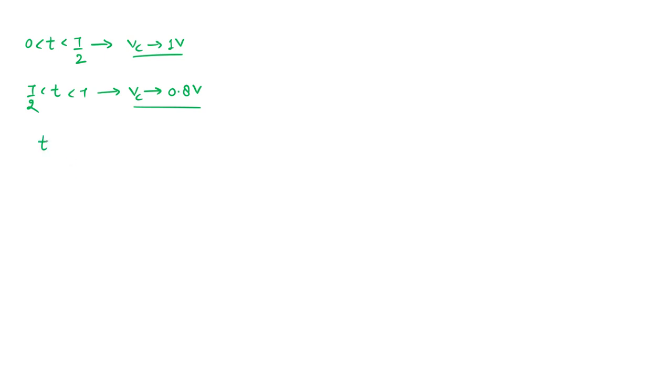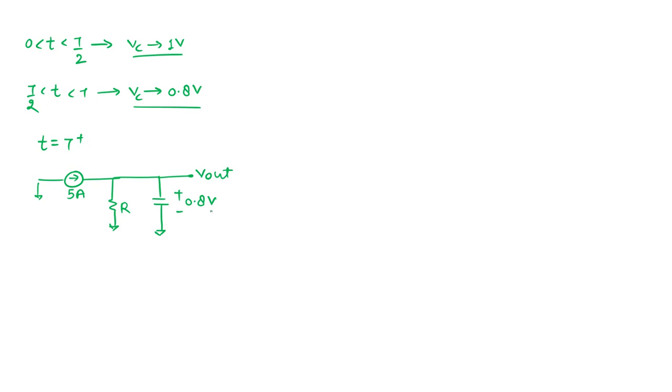So what is happening at t equal to T positive? The circuit again has the current source applied, which is 5 ampere. This is my resistor R, and this is the capacitor, which already has 0.8 volt across it.